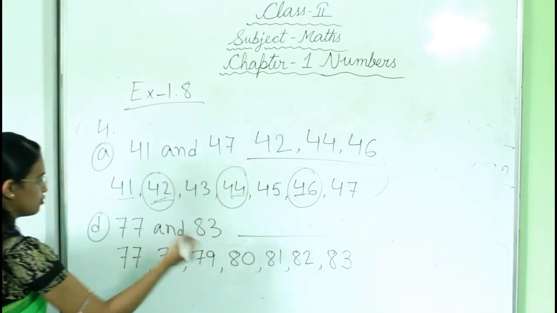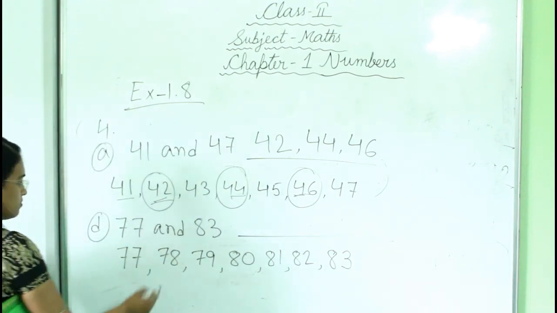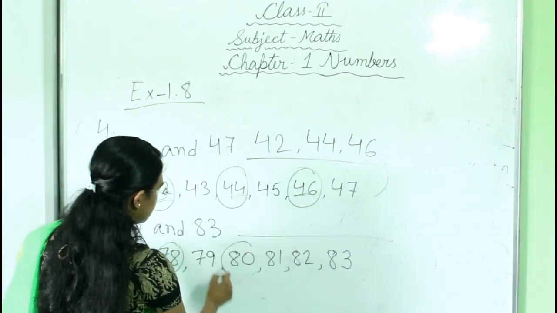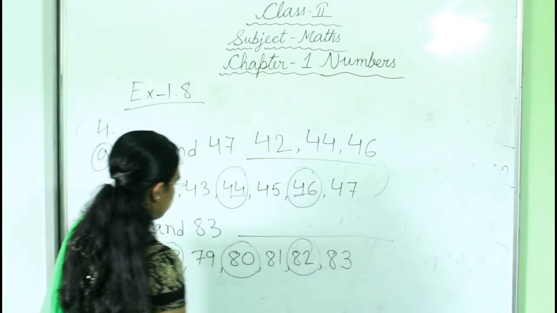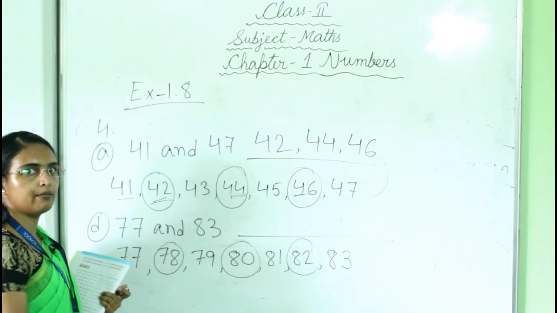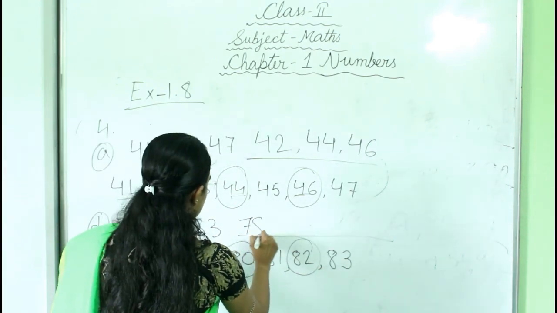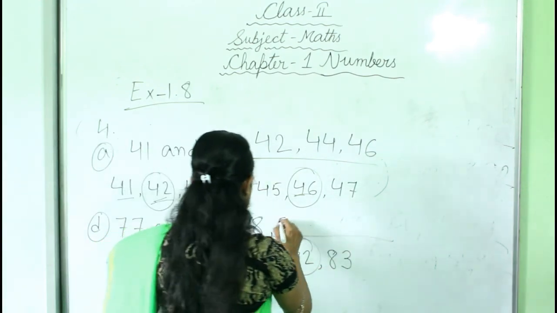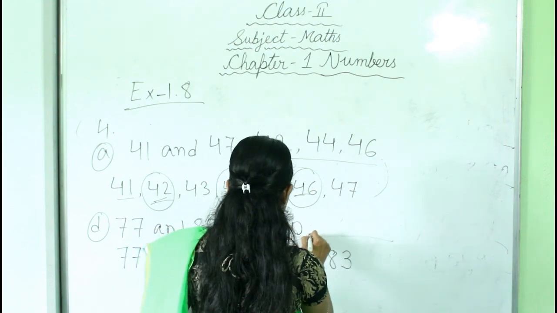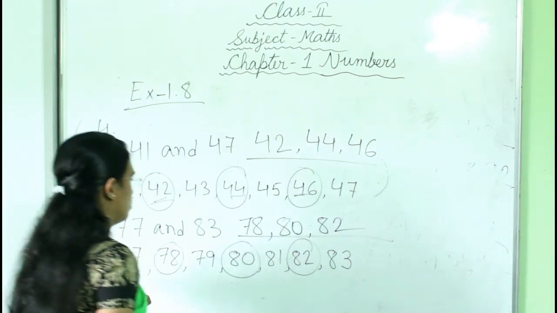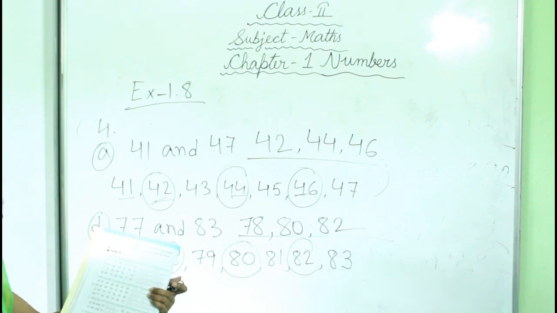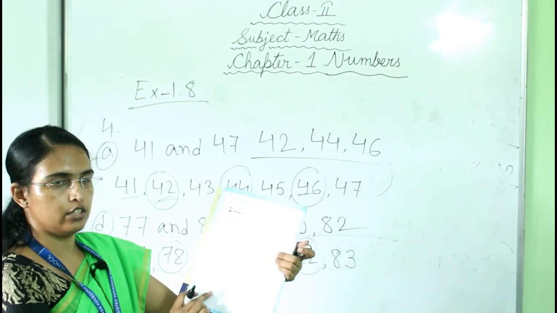Now among these numbers, which one is the even number? 78, 80, 82. These three are the even numbers. We can make pairs of these numbers. Okay. So the answer is 78, 80 and 82. So these are the even numbers. So the rest of the part you will do in your homework.